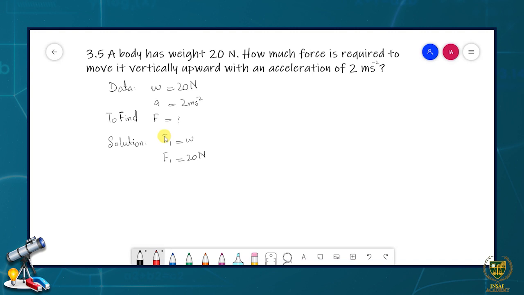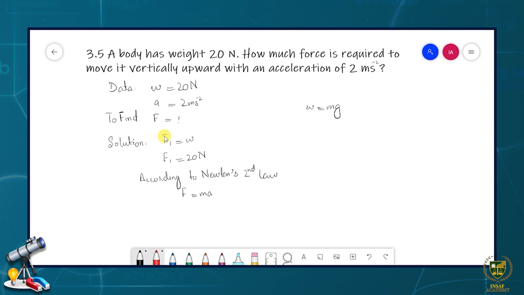Now we have to find F2, and we know that according to Newton's second law, F is equal to ma. We have the acceleration in the data, but we do not have the mass. So first of all, you can calculate the mass with this formula, which is W is equal to mg.